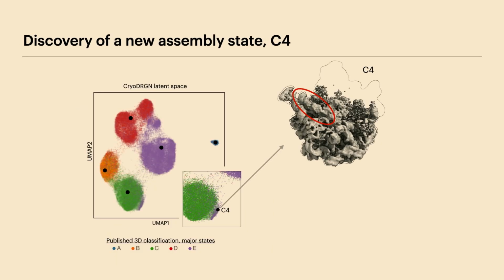One thing that was very cool was that there was this strip of particles that were colored purple, but next to the green cluster. So what does this mean? This means those images were originally clustered into class E, but when we generated the structure from this region of latent space, we got a structure of the ribosome that resembled class C, which is this less mature form that only has the base, but it had the helix docked, which was previously only associated with class E, or the most mature form of the ribosome.